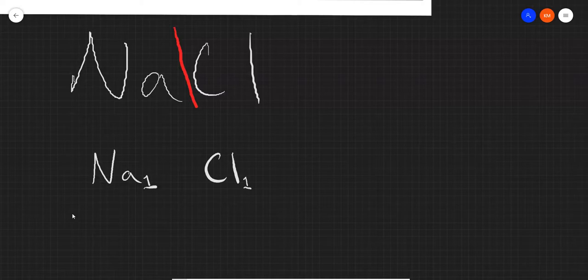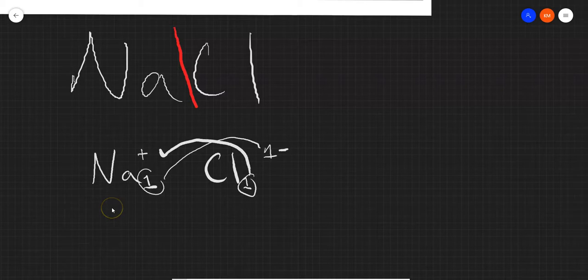The crisscross method is what you can use to find the charge of an ion. So this is a 1 plus, and this is a 1 minus, and we know that from the chart also. So we did the reverse crisscross, and we have Na plus, Cl minus.